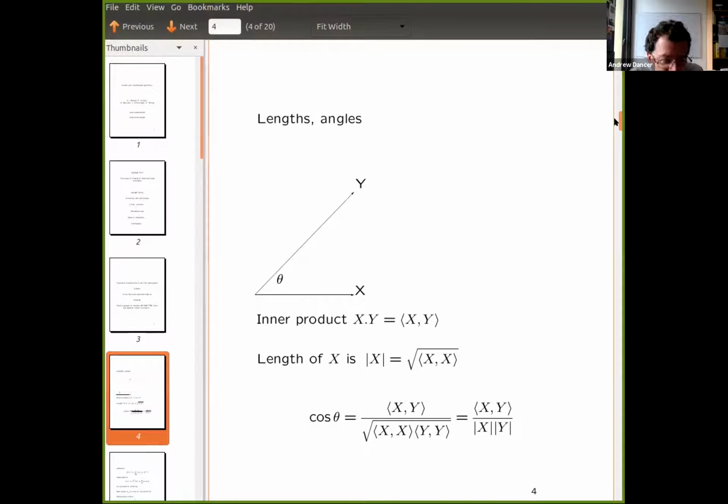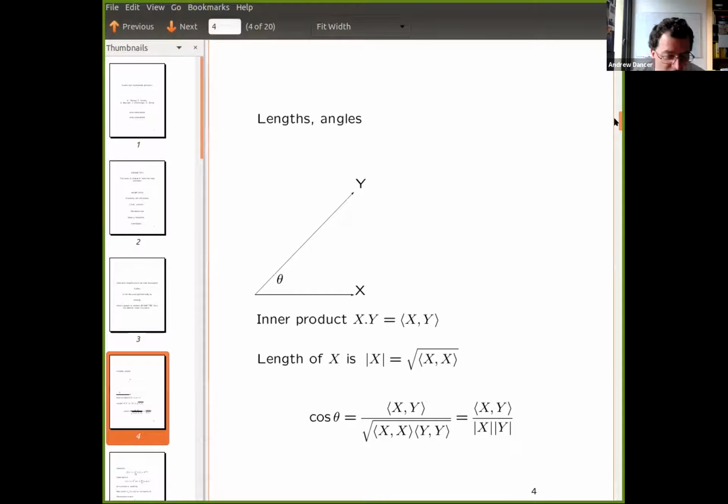Well, we have this thing called an inner product, or a dot product, or a scalar product. In my school, we called it a scalar product. Written as x dot y, where x and y are two vectors, or maybe using the left and right pointy bracket notation. And that actually is the object that tells us about lengths and angles and so on.